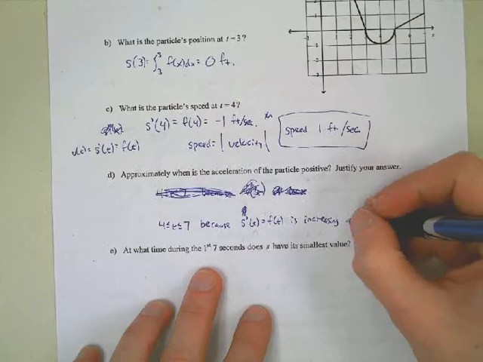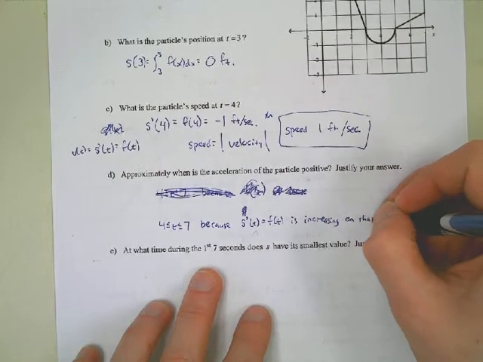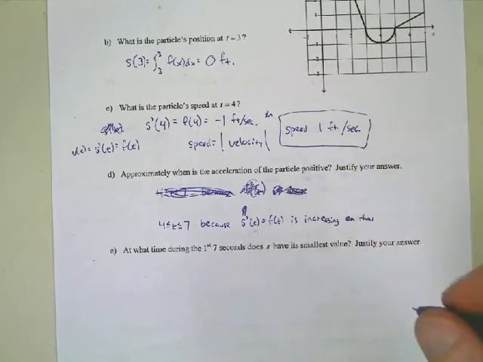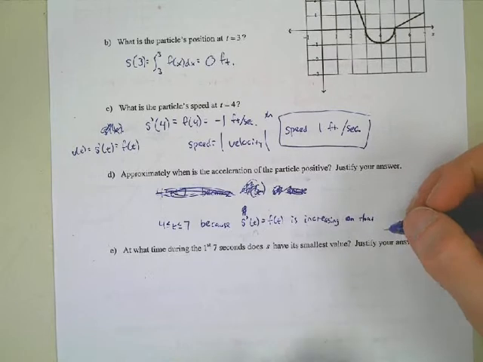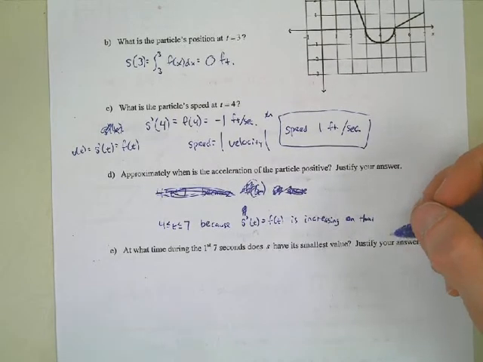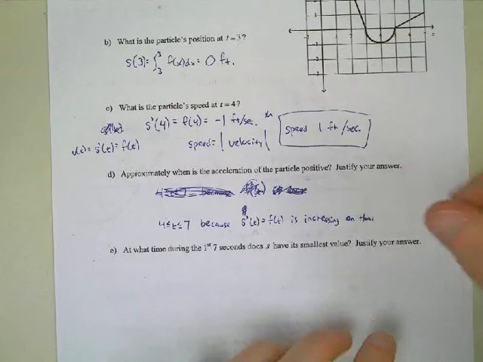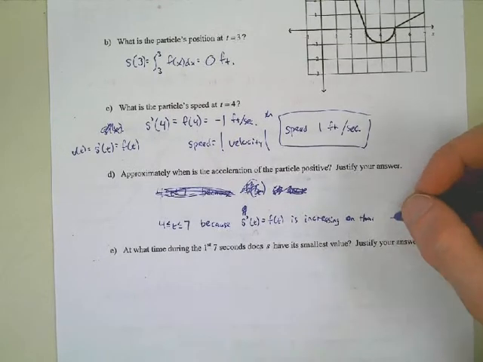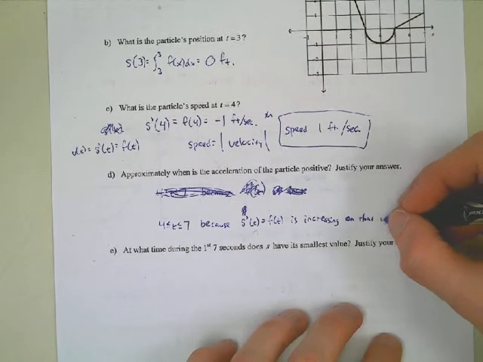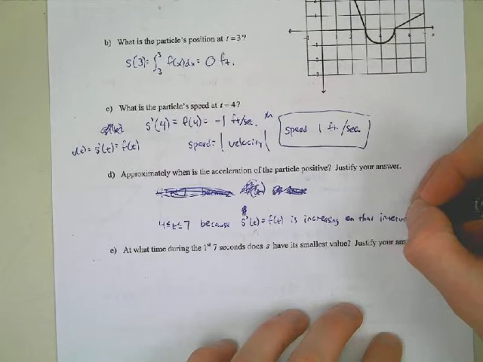I don't think you need to do the further interpretation that because s prime is increasing, therefore s prime prime or f prime of t or a of t will be positive on the interval. I think that is sufficient.